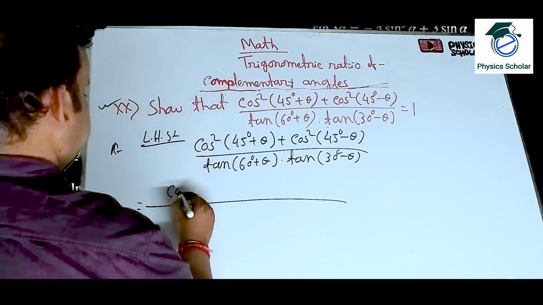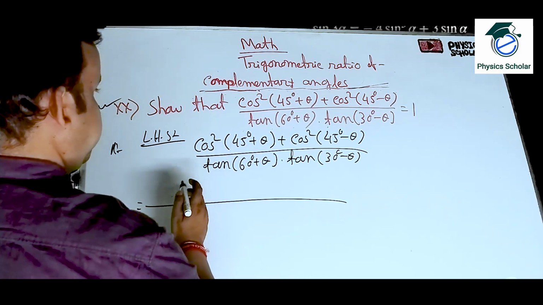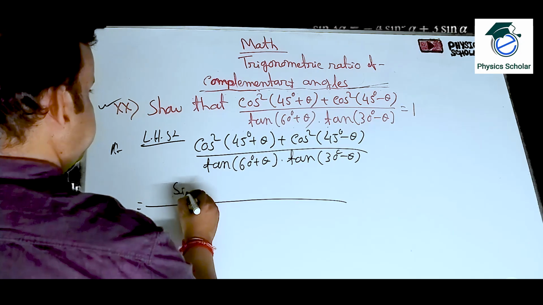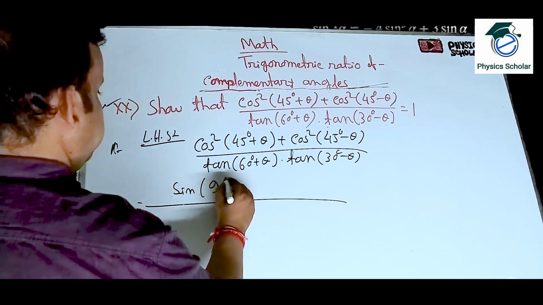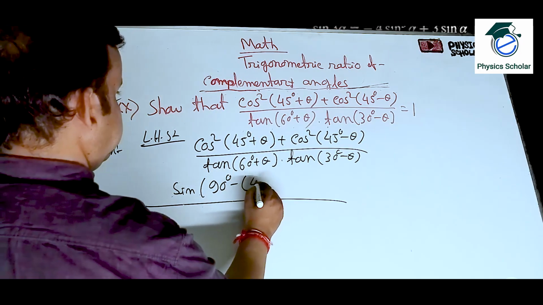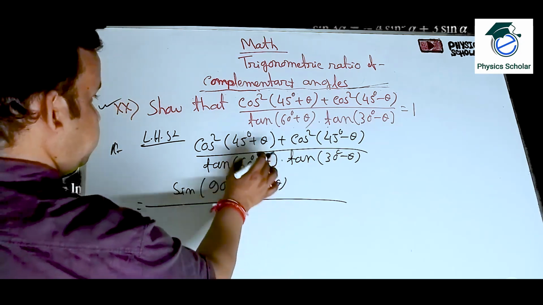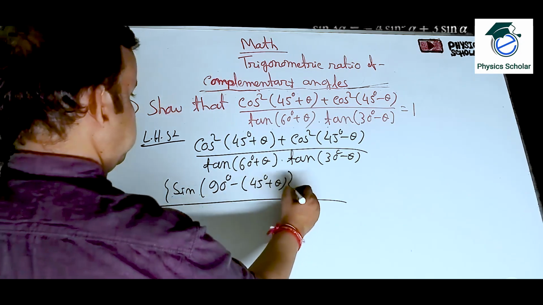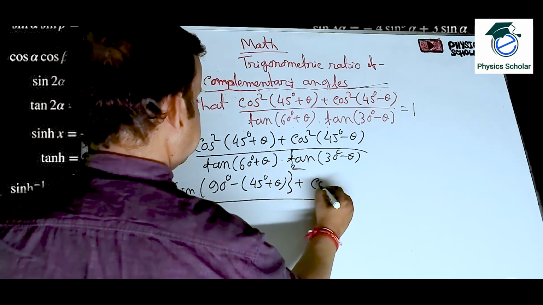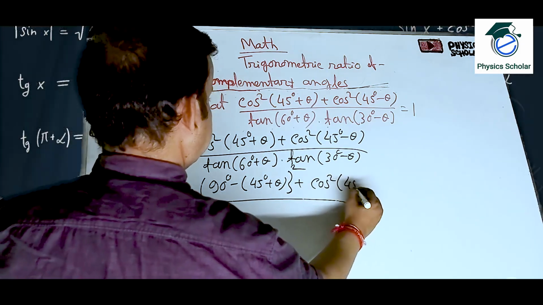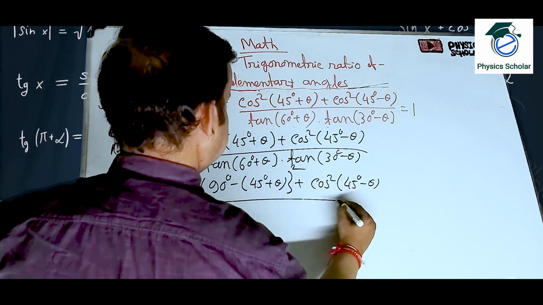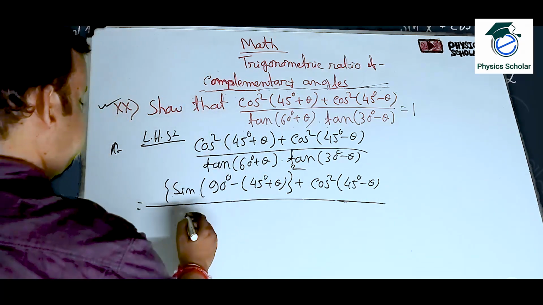Cos of sin of 90 degree minus 45 degree plus theta. Sin 90 minus this means what? Cos, that's whole square, plus cos square 45 degree minus theta whole divided by same thing.